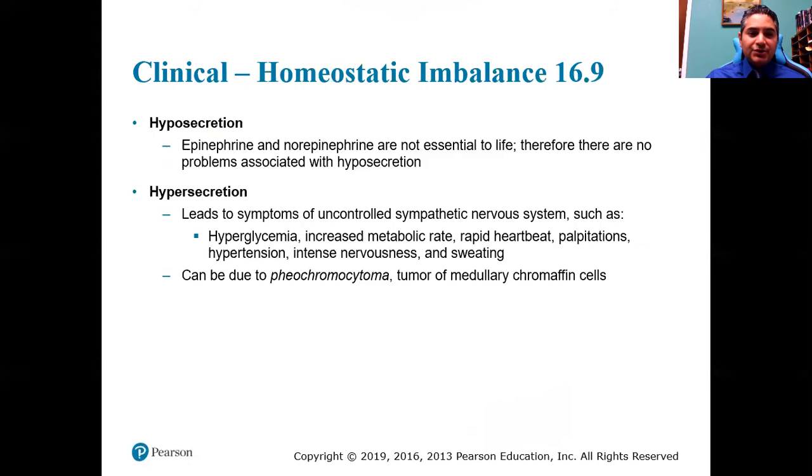Not too many situations occurring here in terms of hypo, but when you get into hypersecretion, high concentrations of epinephrine and norepinephrine, you can have issues with your nervous system, which can lead to an imbalance.